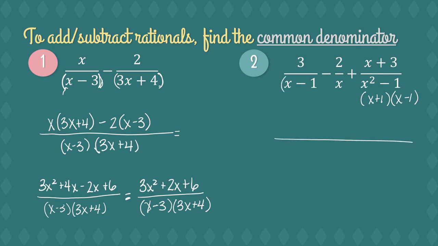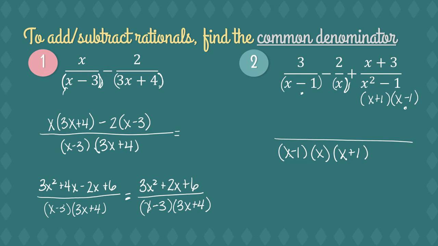So when I create my common denominator, I'm going to take all of the different pieces and put them together. Notice I said different, okay? So I've got x minus 1, I've got x, and I've got x plus 1. This x minus 1 is already accounted for with the first one, so I don't need it twice. So my common denominator is just all the three different pieces, okay?